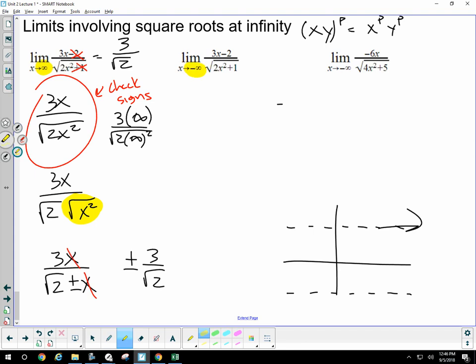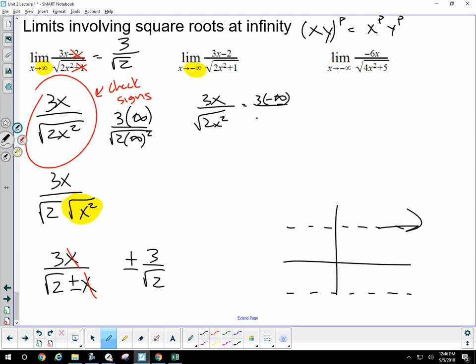Going to the left, let's confirm that we're going to the other one. Hopefully that's the case. Well, again, after you simplify to the plus or minus 3 over root 2, you're going to come back to 3x over root 2x squared, and you're going to plug in negative infinity. Just to check your signs, not to get your answer.